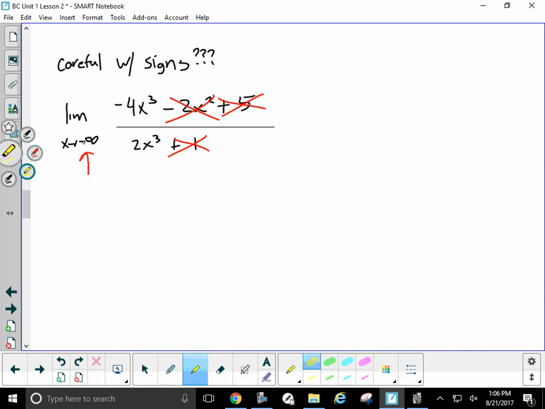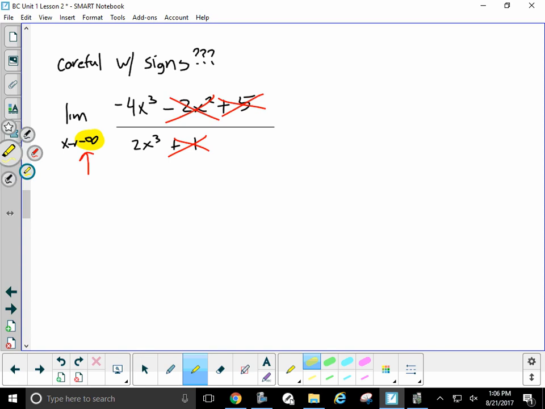Make sure you note, because this is infinity, I'm doing this kind of growth rate comparison process. If I'm talking about the limit as x approaches 1, well, when I plug in 1 everywhere, adding 5 is going to make a big deal, okay? Subtracting 2 will make a big deal. Don't cross it off because I'm just plugging in a value. I'm plugging in infinitely large values, which is why I can do this, okay?